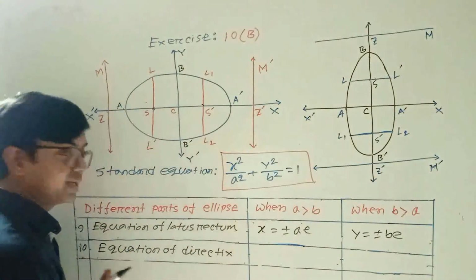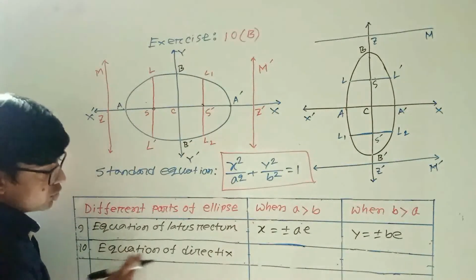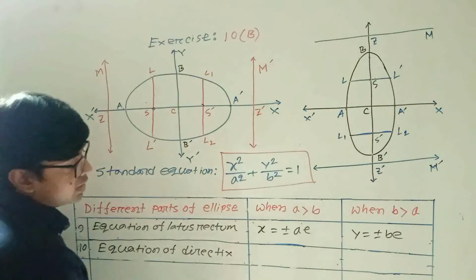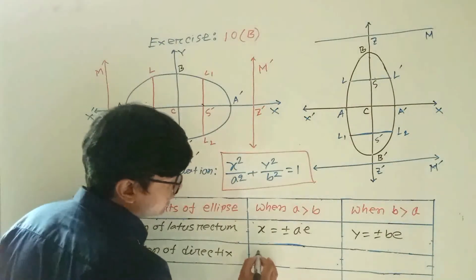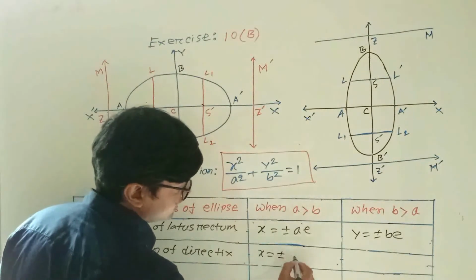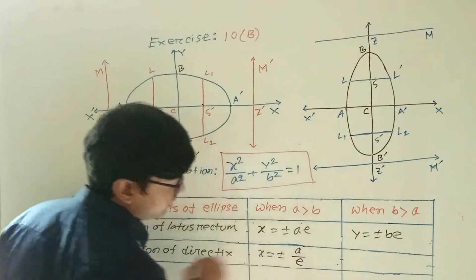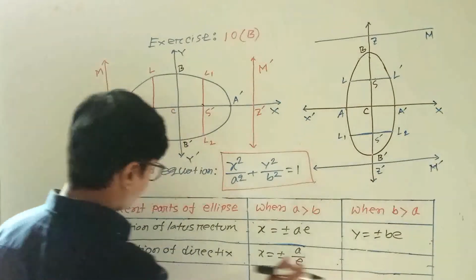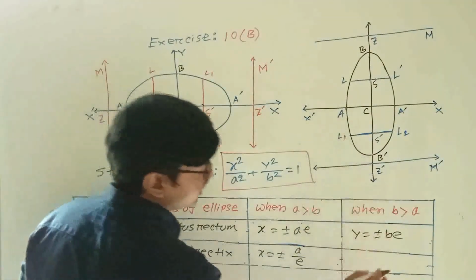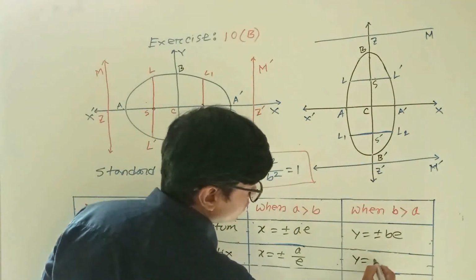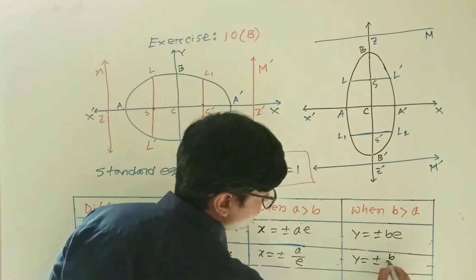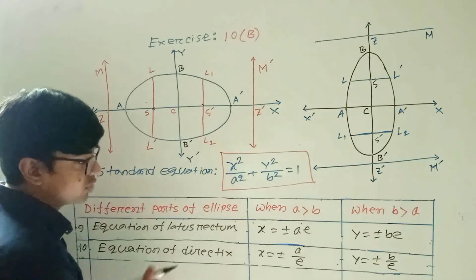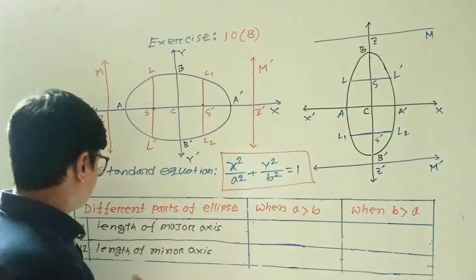And formula number 10, equation of directrix. So equation of directrix will be x equals plus minus A by E, and for this figure equation of directrix will be y equals plus minus B by E. This is the formula of equation of directrix.